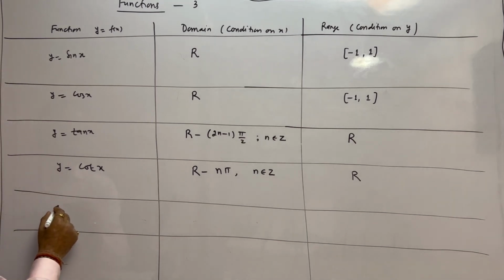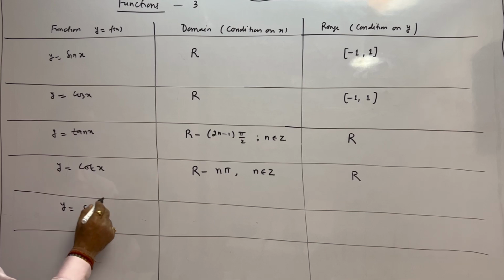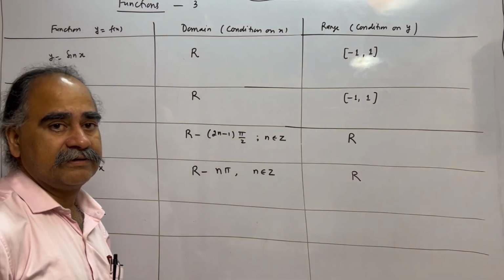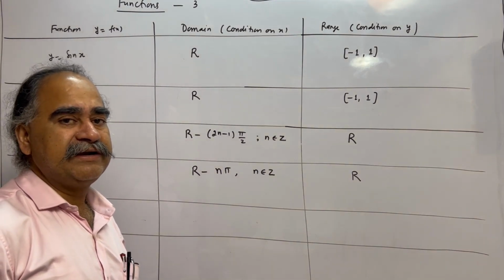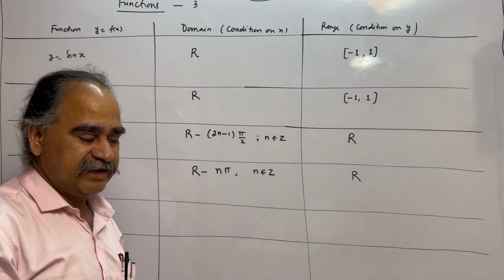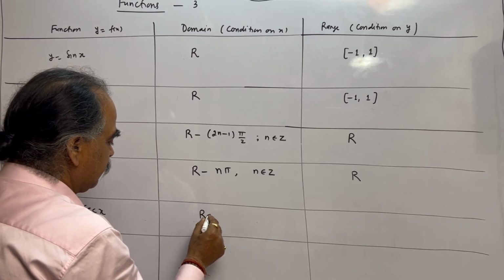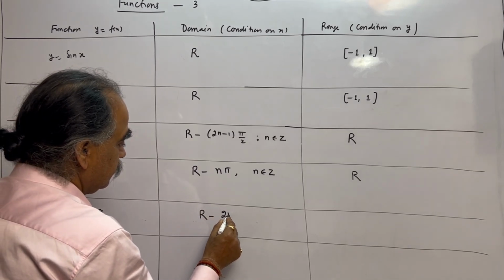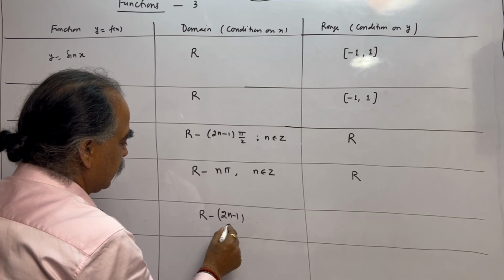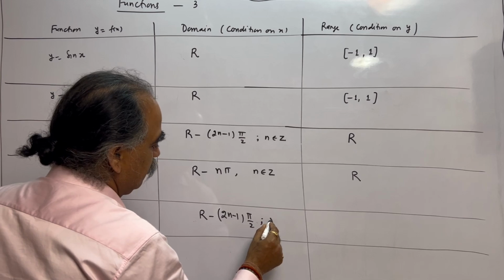Then next is y is equal to sec x. Sec x is not defined where cos is 0. And cos is 0 on the y-axis. The domain is the entire real line minus (2n minus 1) into pi by 2, n belongs to integer.